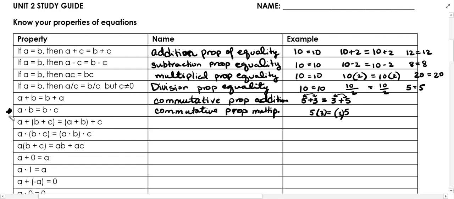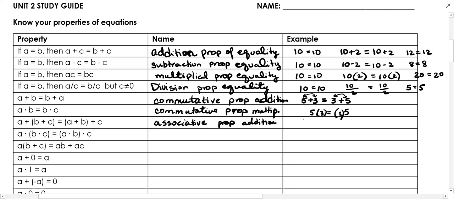The next one says A plus the quantity of B plus C is going to be the same thing as the quantity of A plus B, and then add C. This is associative because you see those parentheses, and this is for addition.